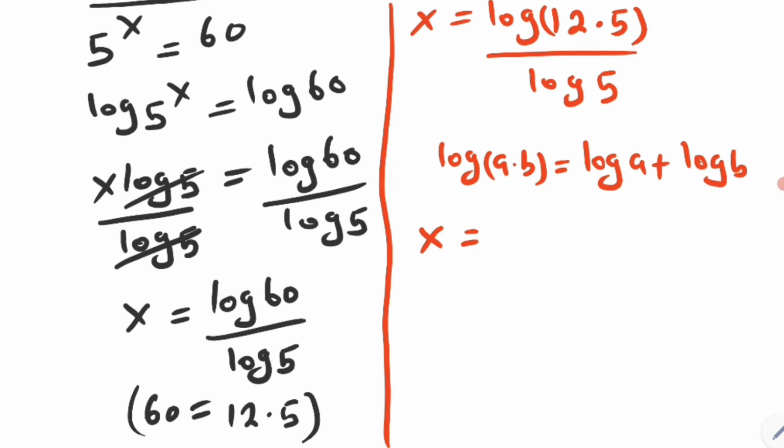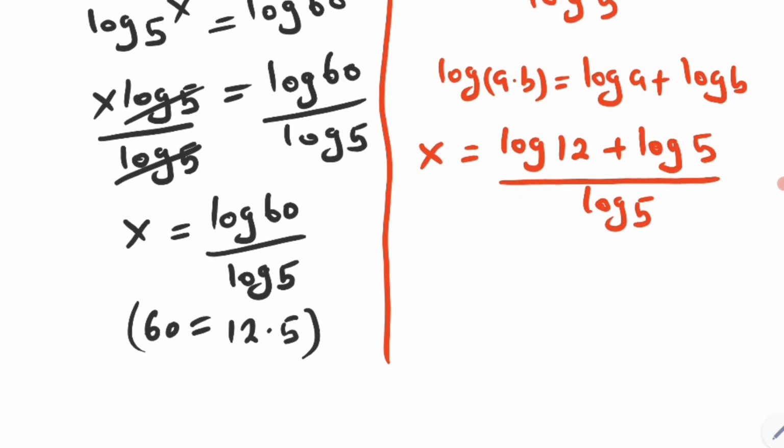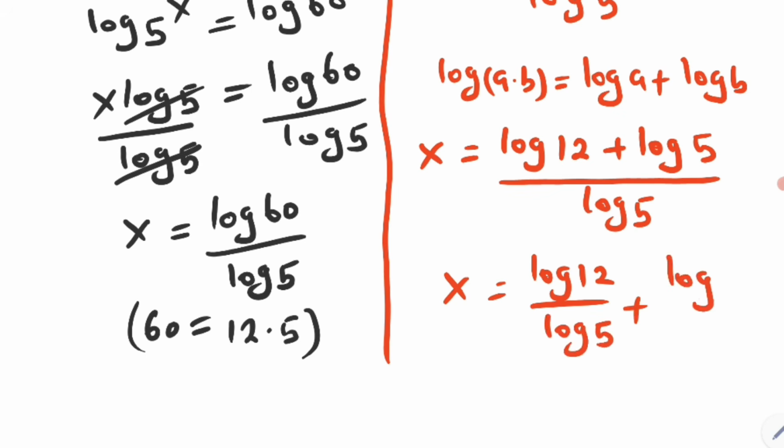s is equal to log 12 plus log 5 over log 5. s is equal to log 12 over log 5 plus log 5 over log 5.